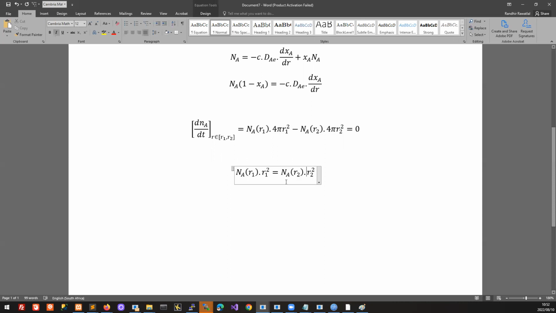And this is different to before. Before, when we had a simple rectangular coordinate system, we could just say N_A at Z1 equals N_A at Z2. So before, we had a simpler expression. We said if the concentration is steady, then the molar flux is uniform.